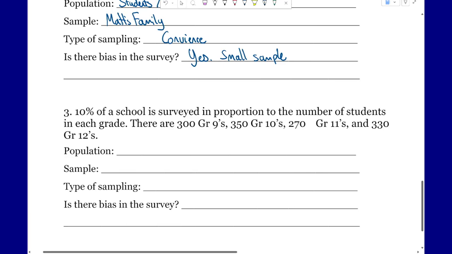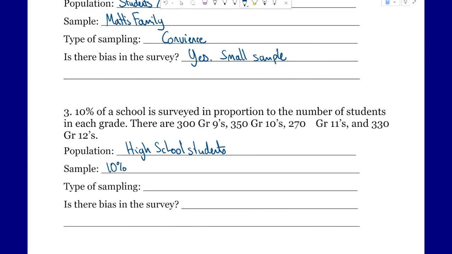10% of a school is surveyed in proportion to the number of students in each grade. There are 300 grade 9s, 350 grade 10s, 270 grade 11s, and 330 grade 12s. So our population in this case would be high school students again. The sample would be 10% of the school.